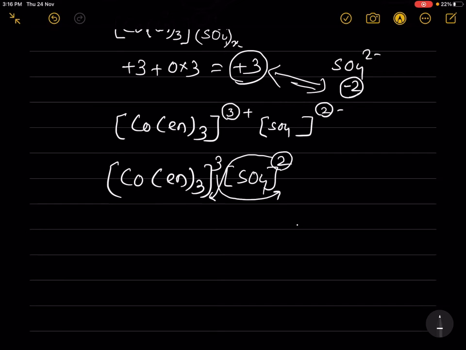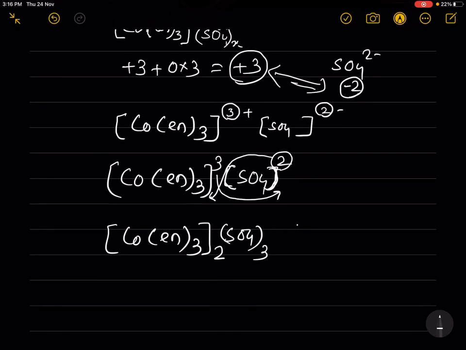Then this is [Co(en)3], I should write 2 over here, then SO4, no need of writing a square bracket, write just a round bracket with 3. You see, the formula is [Co(en)3]2(SO4)3.